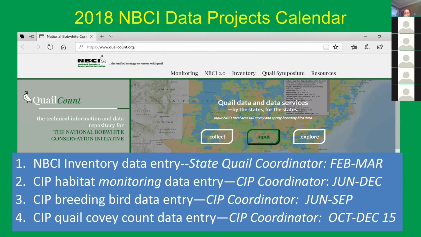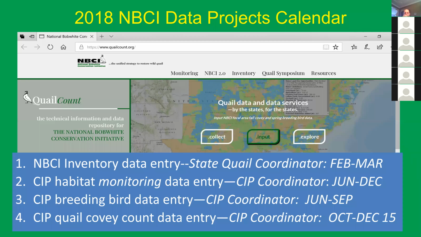New is all the SIP databases. The SIP habitat monitoring data entry hasn't been developed yet, will be launched in June, and the deadline each year will be December. That is entered by the SIP coordinator, so that may or may not be the state quail coordinator.